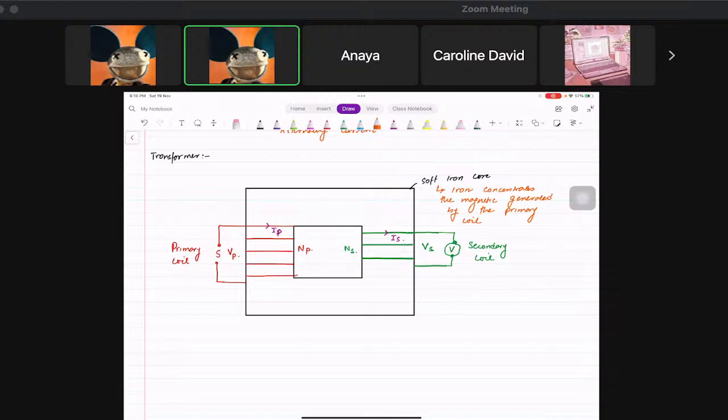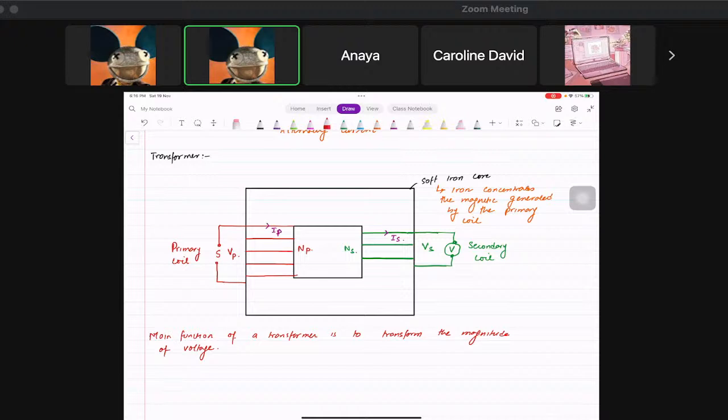Now, the transformer's main function is to transform the magnitude of voltage. Right, so it can basically increase or decrease the magnitude of voltage.